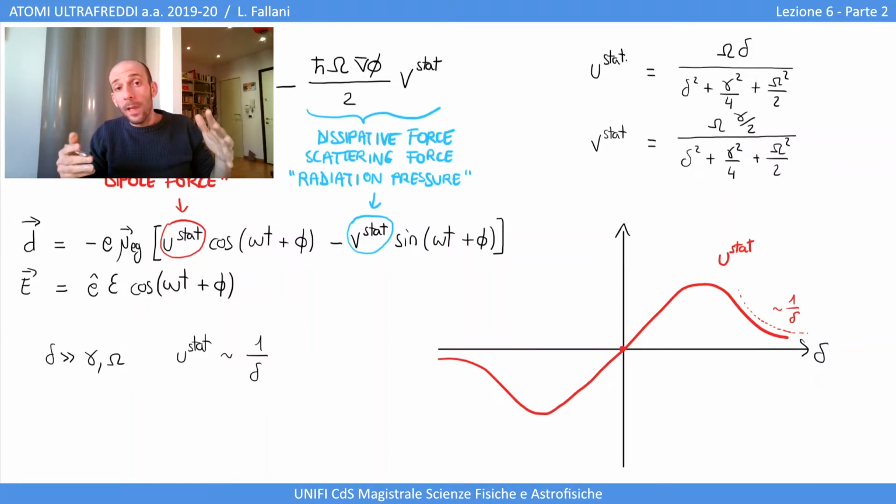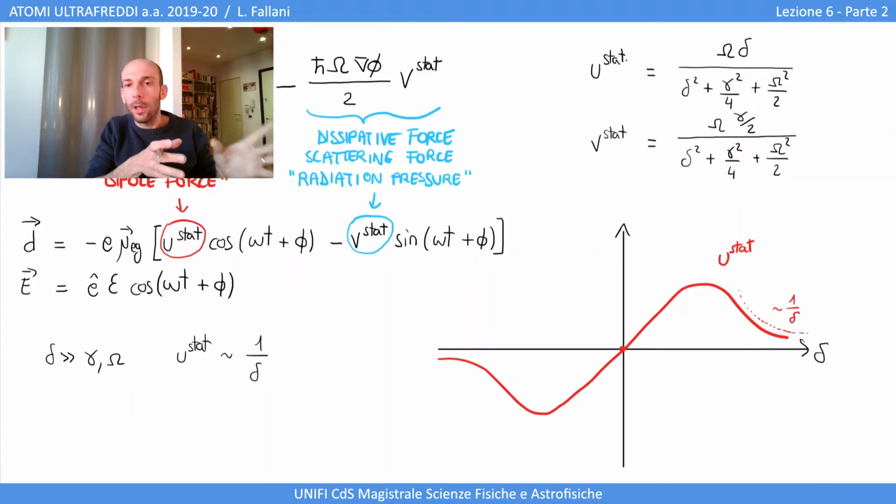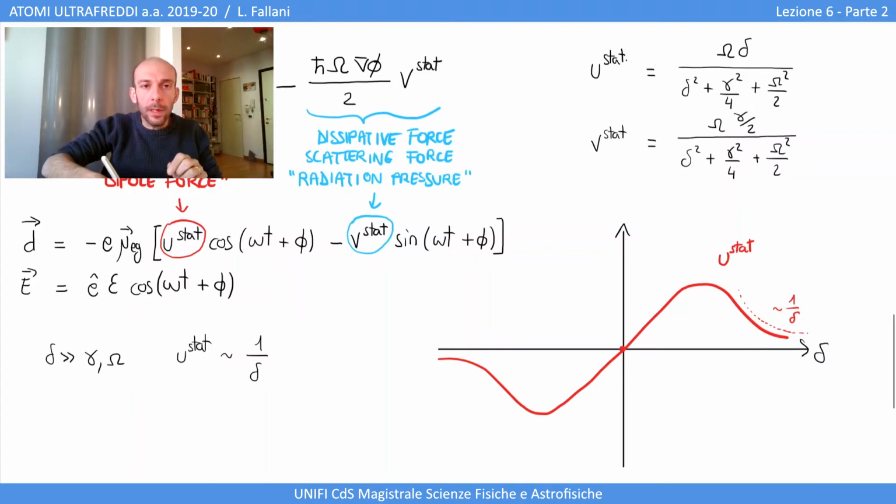Instead, v has the expression of a Lorentzian function of the detuning, so it is 1 over delta squared plus some constant term, and so its graph will be a function like this.